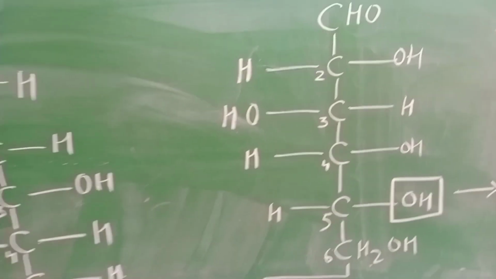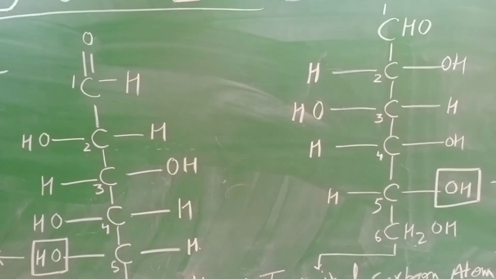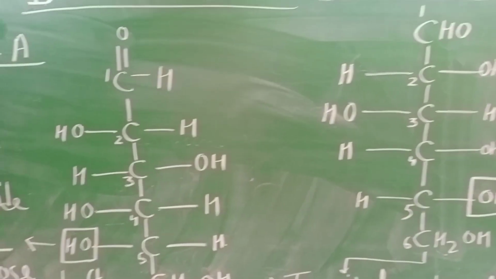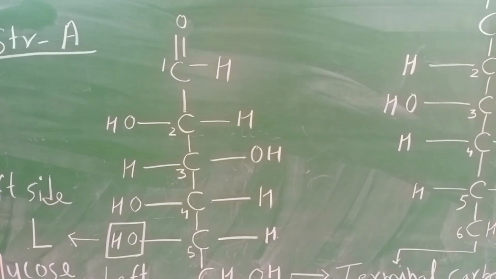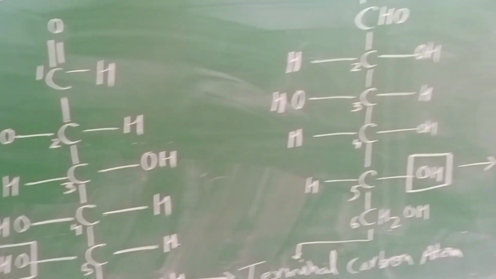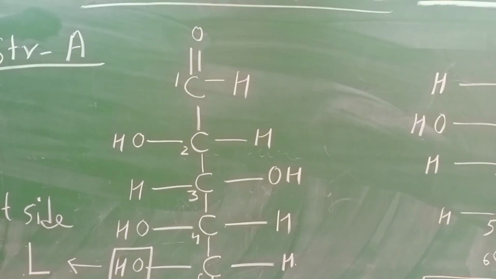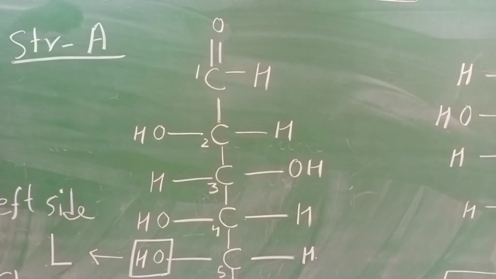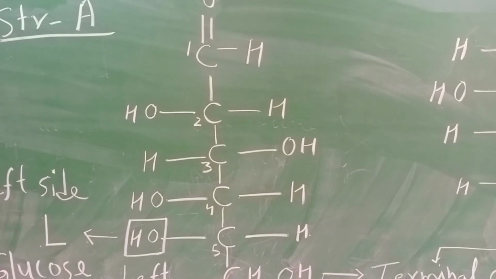So both these structures represent glucose. As we know, glucose is an aldohexose sugar. Aldohexose means the glucose molecule contains an aldehydic group or an aldehyde group along with 6 carbon atoms.